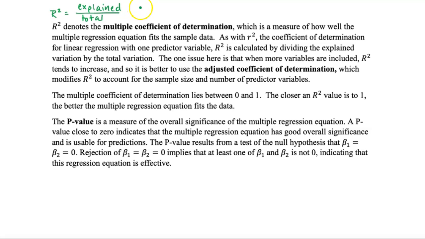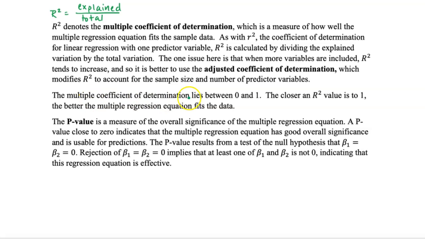And so having too many variables, it will give me a false sense that this equation is a better fit for the data than it truly is. And so this is why we're going to use this adjusted coefficient of determination. And again, we're just going to find this using technology. And this just modifies our coefficient of determination to account for sample size and number of predictor variables.